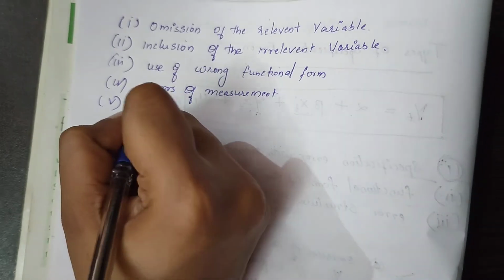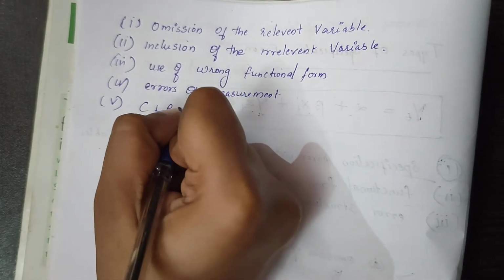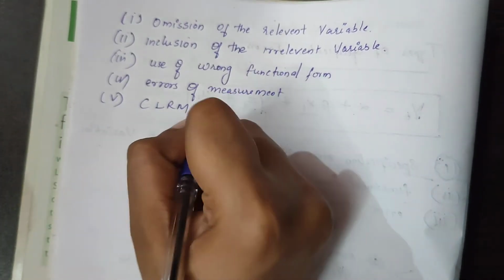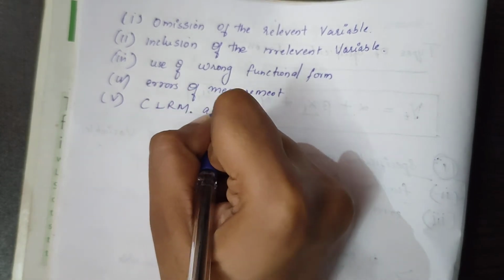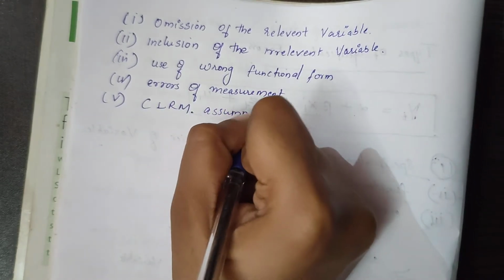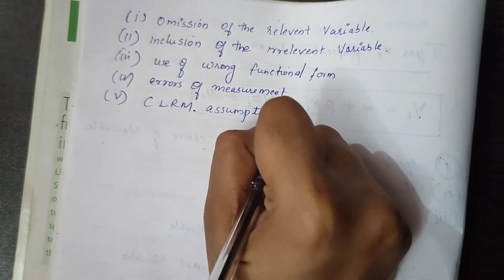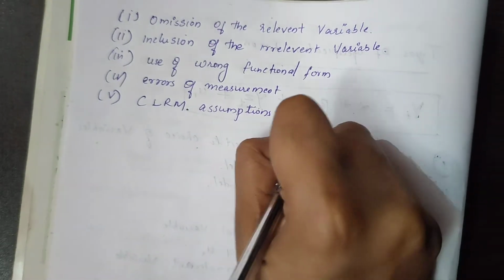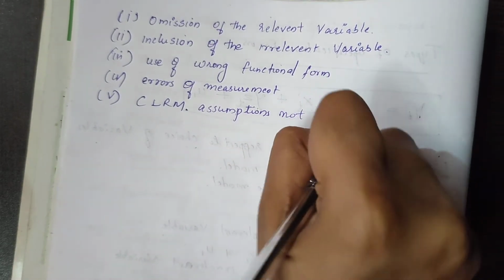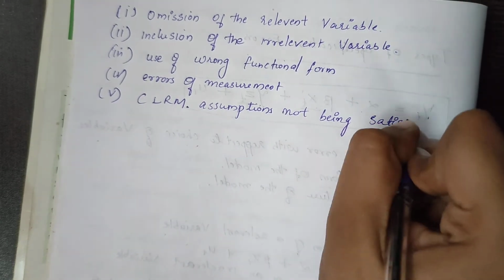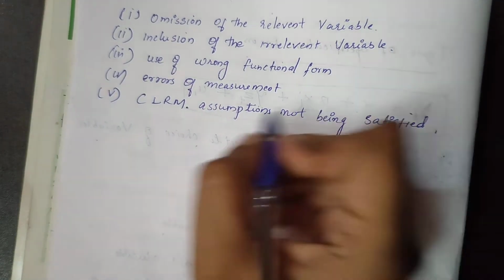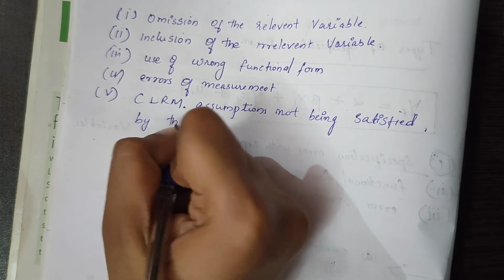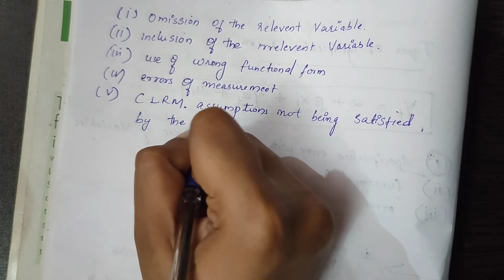And the fifth one is CLRM assumptions not being satisfied by the error structure of the model.